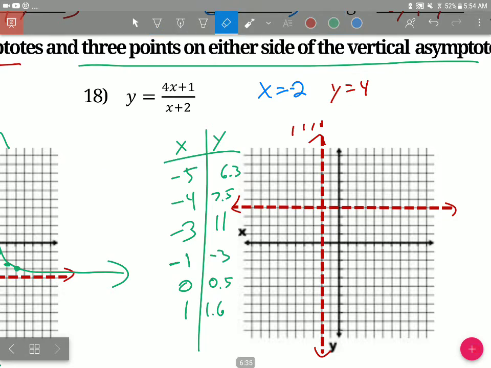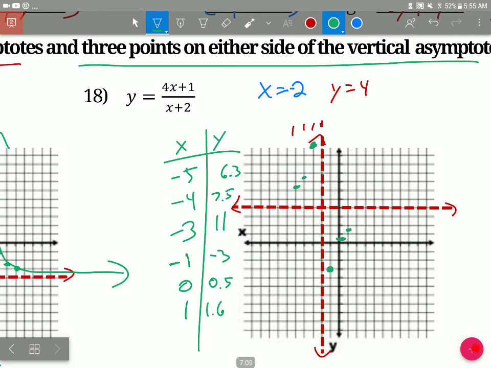Alright, let's plot them. 6.3, and up, 7.5, 8, 9, 10, 11 is up there. Close enough. -1, -3, 1, 2, 3. 0 is 0.5, and 1 is 1.6.